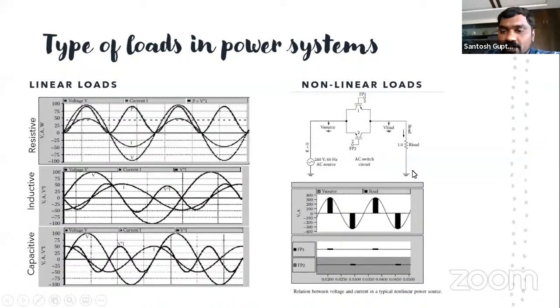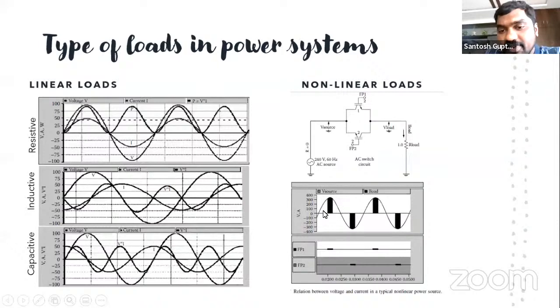Whereas in the nonlinear loads, if you see here, you will have a source and a resistor, and by using the firing angles you will have positive and negative side switches. For the positive side, you are going to fire at a particular point and capture only that particular point of the wave.